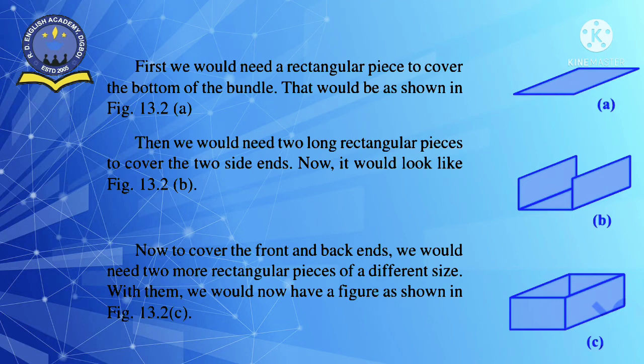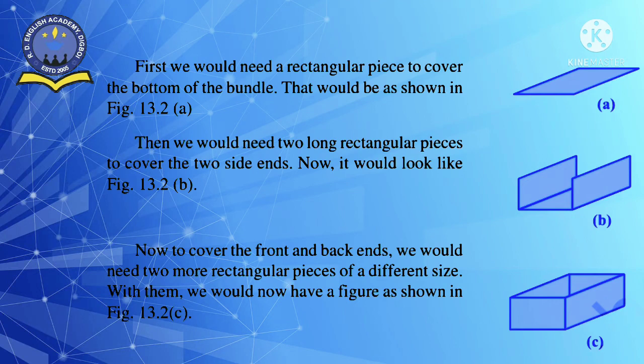Then the third one, to cover the front and back ends. Now when we open a matchbox, the bottom and the top are open and the other four sides are closed, looking like figure number C, isn't it?